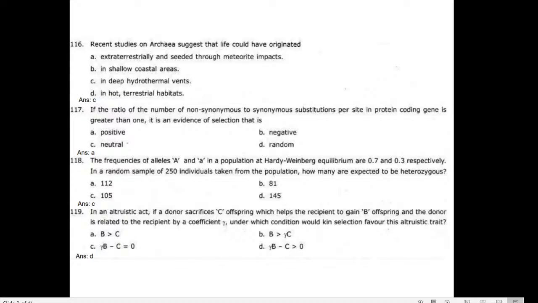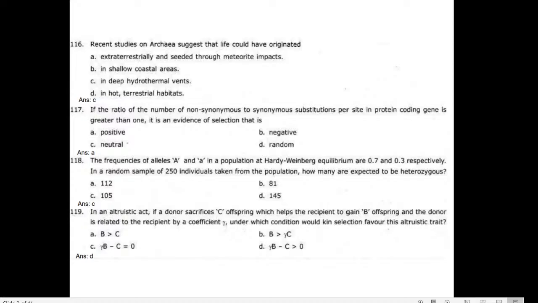A temperature change in water makes life start. Whenever we study evolution, living organisms started from water, as per scientific reports. So temperature changes in the water produce new organisms, so life originated from the deep hydrothermal vent. That is the answer here.